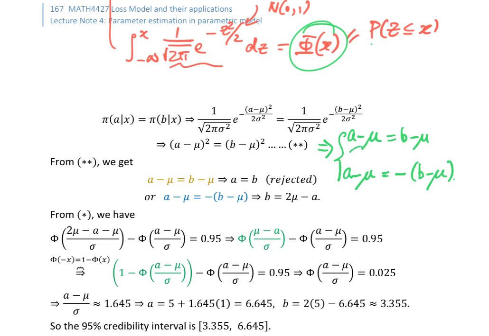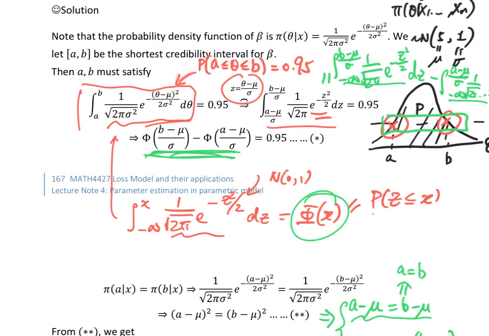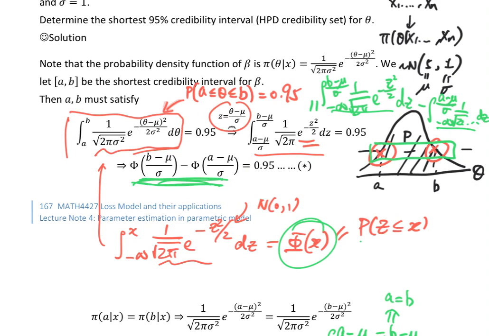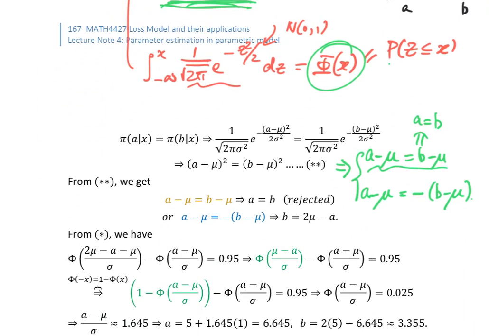For the first one, you get a equal to b, but definitely this is not possible, because we expect a and b to be distinct. So you can reject the first one and apply the second one. By solving this, you get b equal to 2 mu minus a. That will be the second governing equation for a and b.